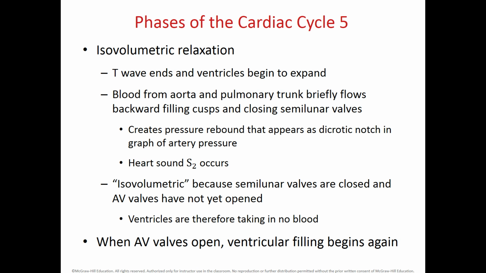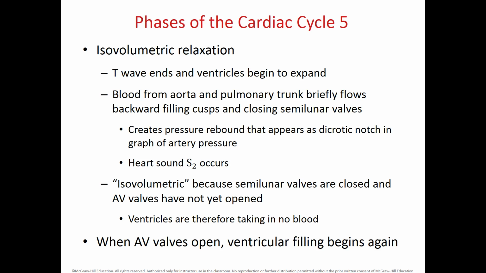And after this, you will have the isovolumetric relaxation, which corresponds to the T wave, and you will have expansion of the ventricles because you don't have any more volume, and then you have the heart sound S2 happening. It is called isovolumetric because the semilunar valves will be closed and the AV valves have still not yet opened.